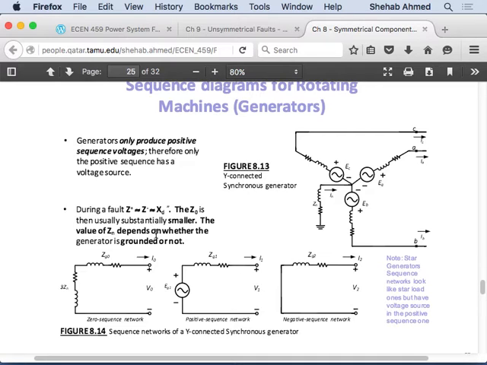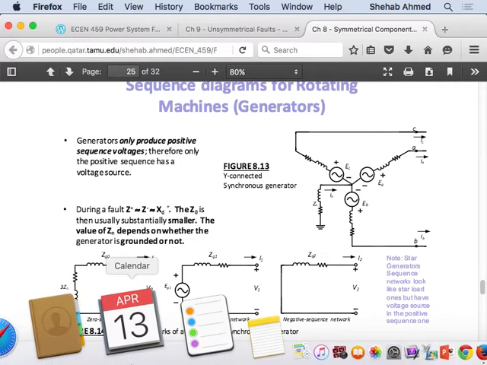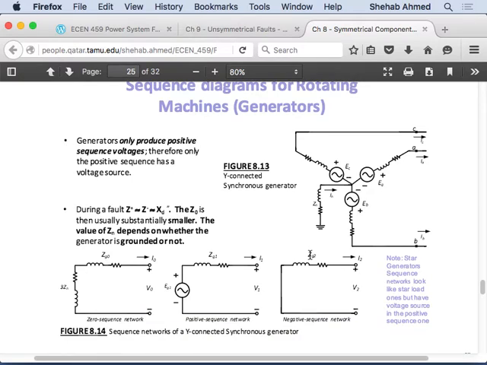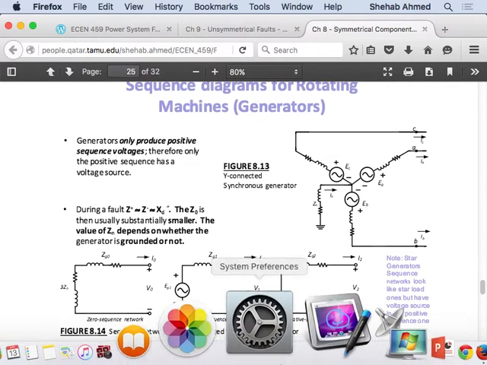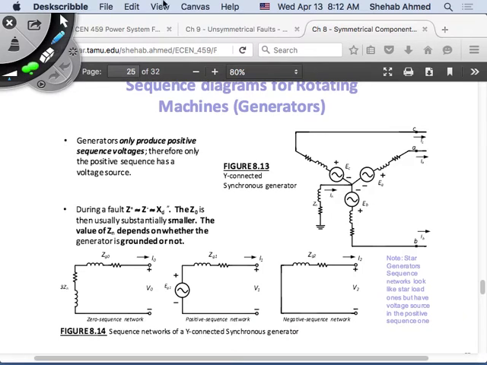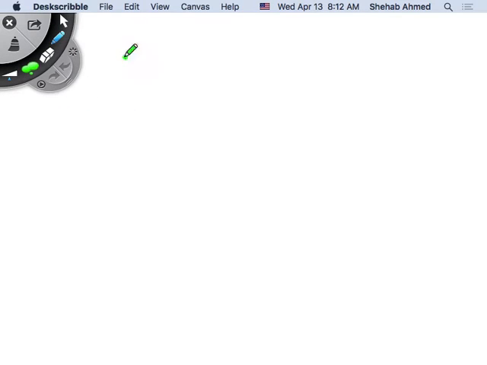The difference between them is that the subtransient impedance is at the inception of the fault, right at the inception of the fault when the current is the highest. The transient synchronous impedance is a few cycles later. The steady state synchronous impedance is the steady state value of the machine's impedance during the fault. As long as the fault is maintained, the fault current will do something like this.